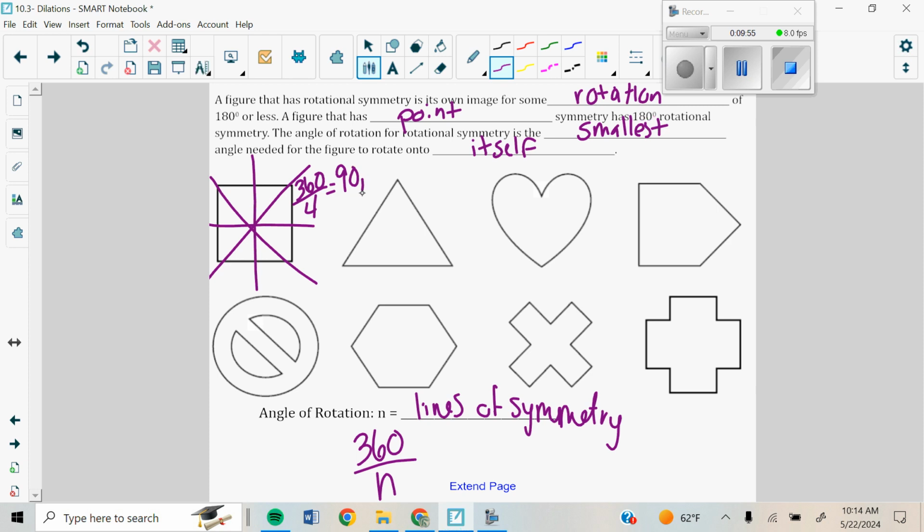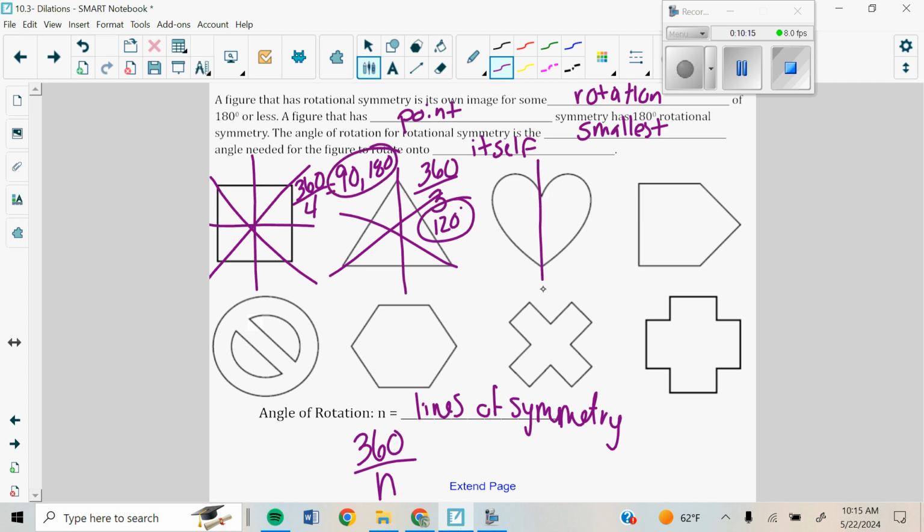If we look at our next one, we did this before. We had 3 lines of symmetry. So we can take 360 and divide it by 3, and that gives us 120 degrees.